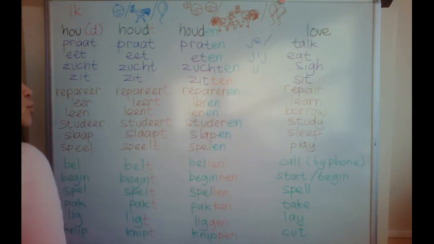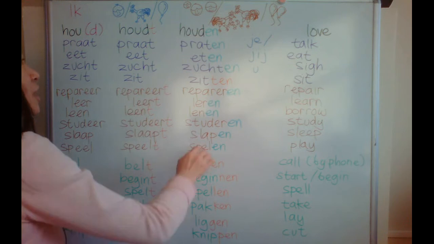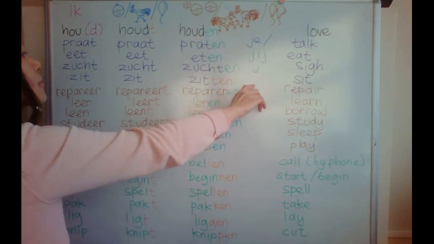It's not polite to call someone you just met with je or jij. So this is u.